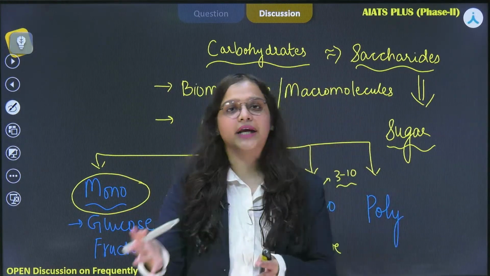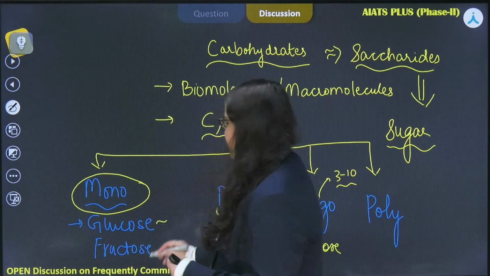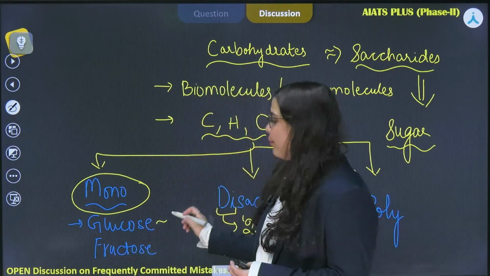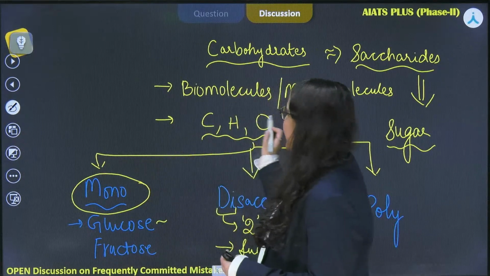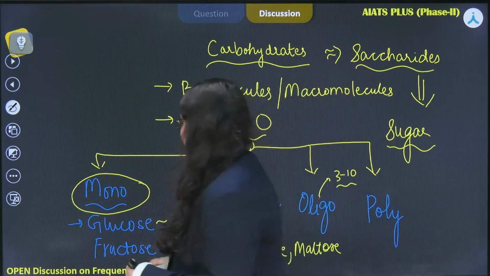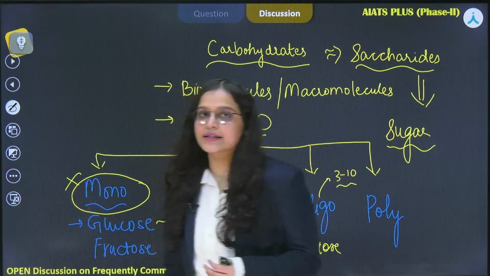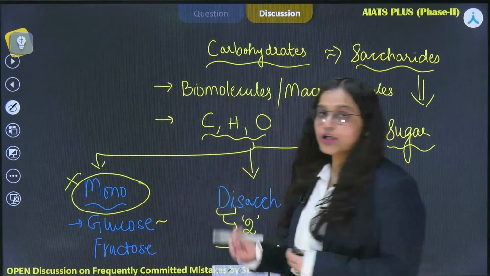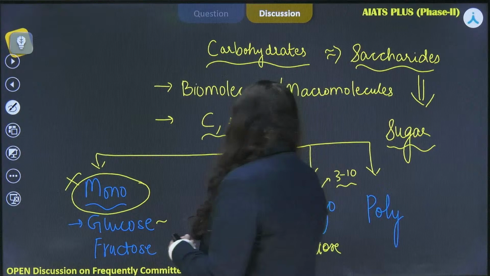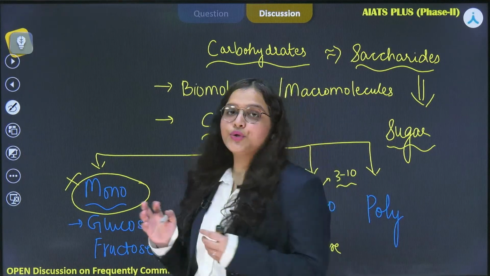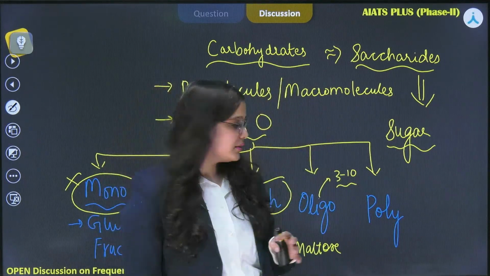How are you supposed to break it further? It will only break into its smaller components, that is carbon, hydrogen and oxygen will come out. So monosaccharides will not be hydrolyzed, whereas if we hydrolyze disaccharides, 2 different components will be obtained.